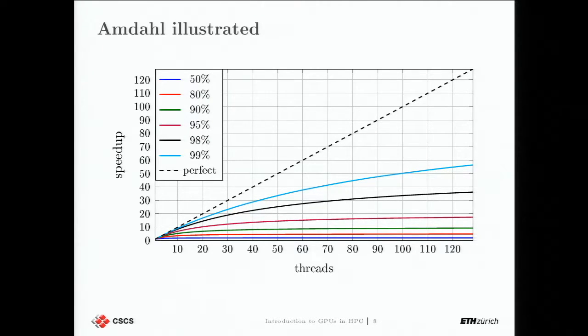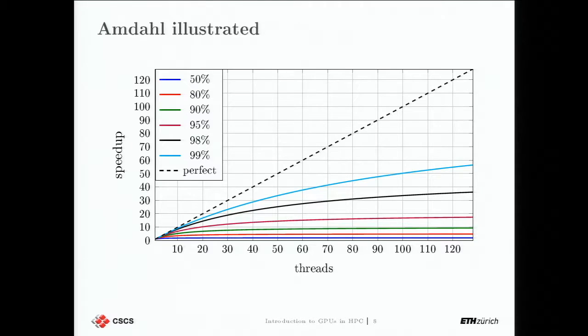So 99% means that 99% of the application could be written in a parallel way, and only 1% of the application was serial and couldn't be done in parallel. And you see, even for 99%, you very quickly run out of scaling.